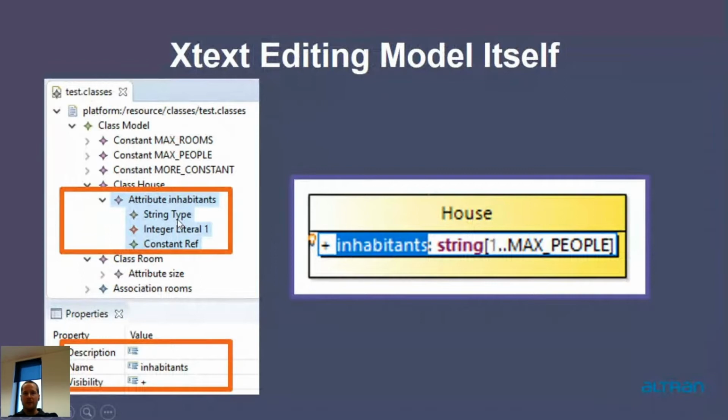For this attribute, we can edit it directly by just writing whatever we already see. So we don't need to open the property view for editing single attributes.